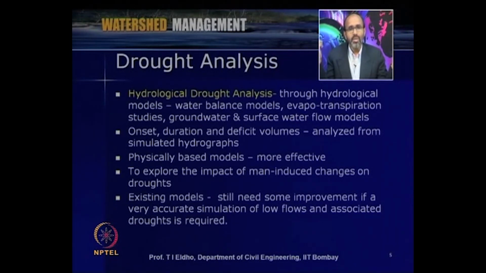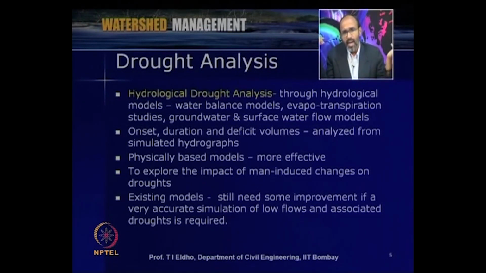Most of the existing hydrological models we can use for drought analysis, but depending upon the area and the various parameters, they still need some improvement if a very accurate simulation of low flows and associated droughts is required. Generally the available hydrological models are used to identify rainfall runoff and, most of the time, flood analysis.